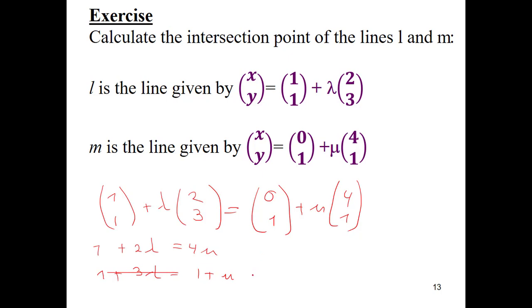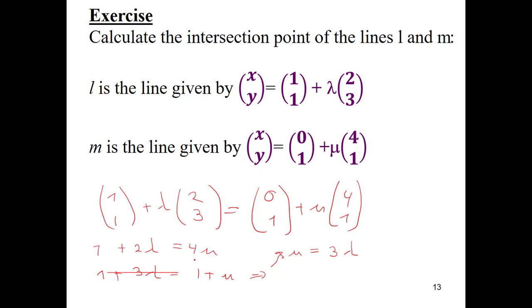We'll use this one here to express the mu with the help of lambda. The 1 goes to the left, so mu would become 3 lambda. So 1 plus 3 lambda equals 1 plus mu means mu is 3 lambda.